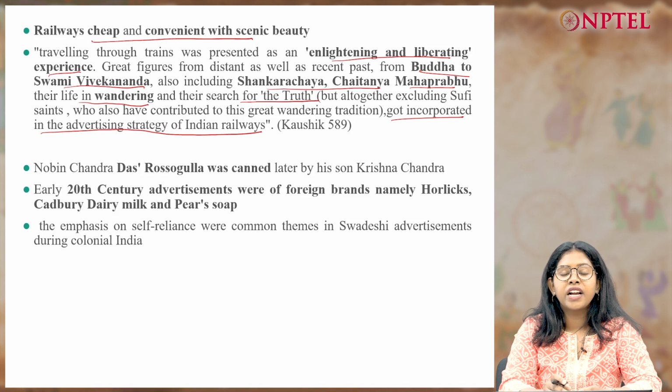So what might be the reason? This paper is coming out in a very Hindu dominated area, and maybe the larger population of readers is Hindu. Maybe that is one of the reasons that they have conveniently removed the names of Sufi people, or have not included them at all.